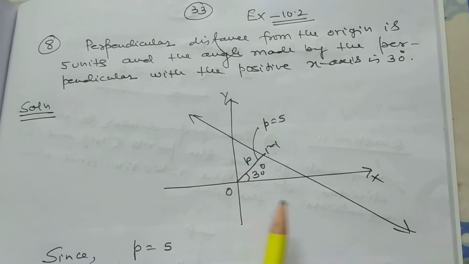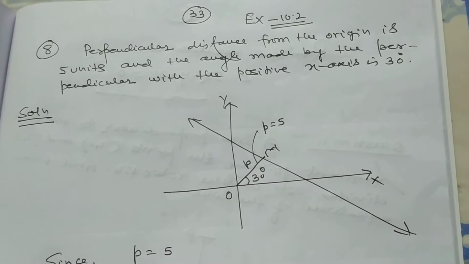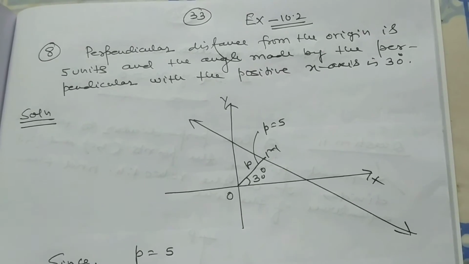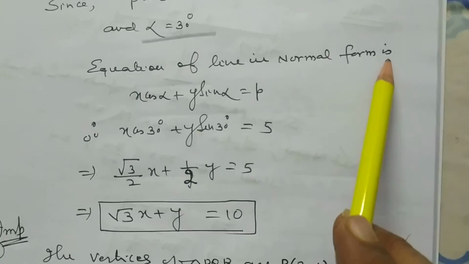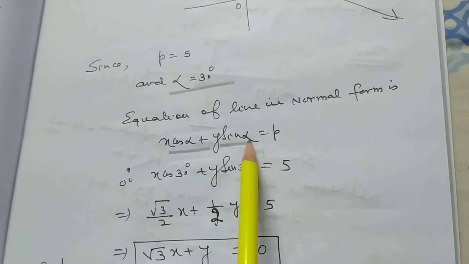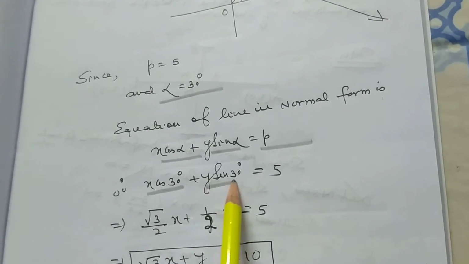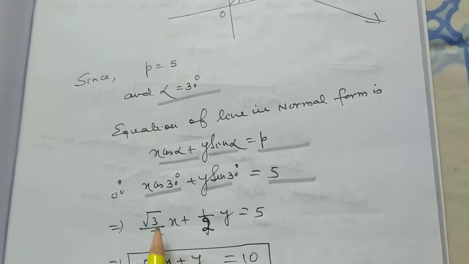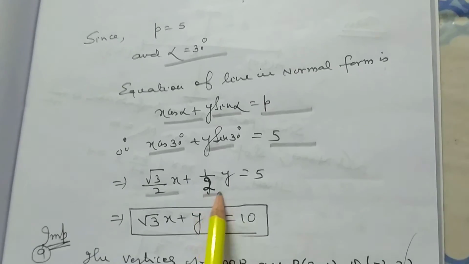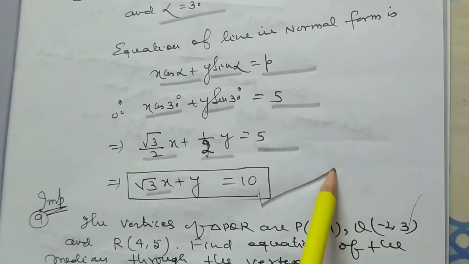Then find the equation of straight line. My dear students, p is equal to 5, alpha is equal to 30 degree. Equation of line in normal form is x cos alpha plus y sin alpha is equal to p. That is x cos 30 degree plus y sin 30 degree is equal to 5. That is root 3 by 2 x plus half y is equal to 5. That is root 3 x plus y is equal to 10.